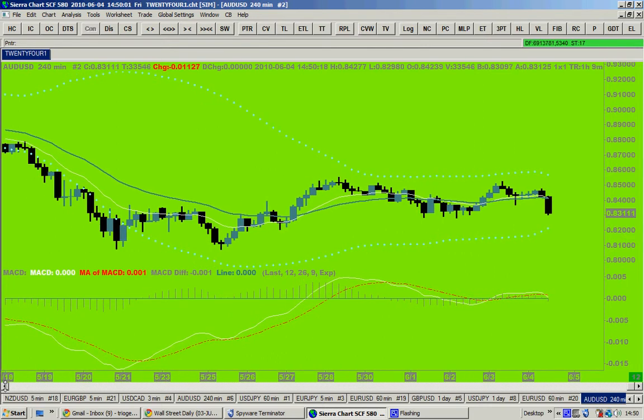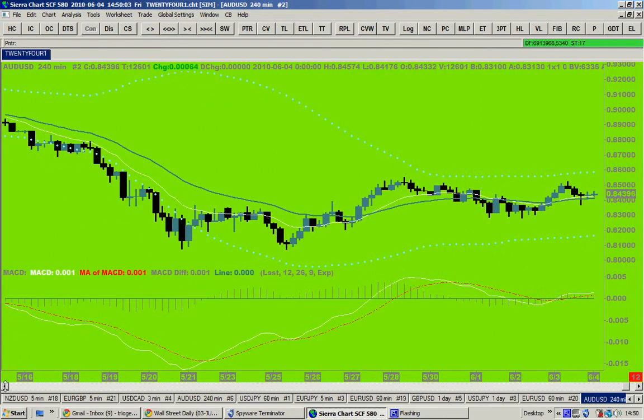But one thing that is very important about the MACD is that it also shows a bit of volatility. When the moving average 12 is moving away from the moving average 26, you will see that the MACD, the white line here, also moves away from the horizontal line, which represents the 26 moving average.